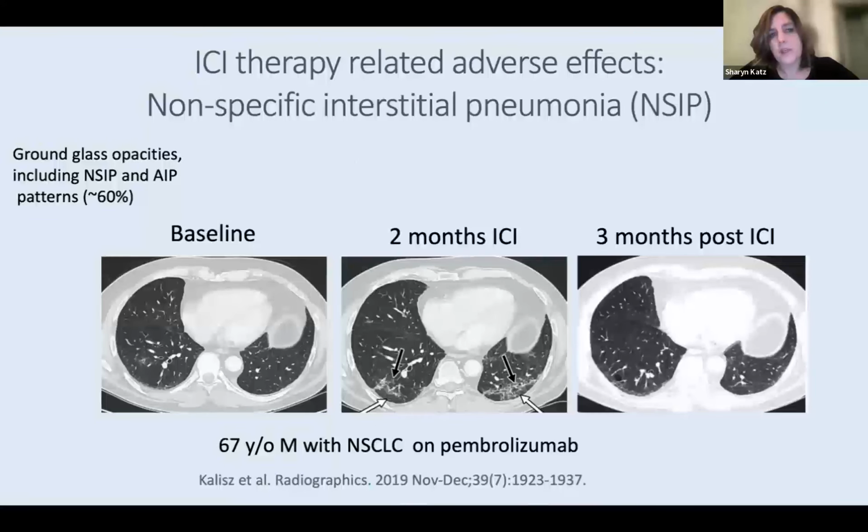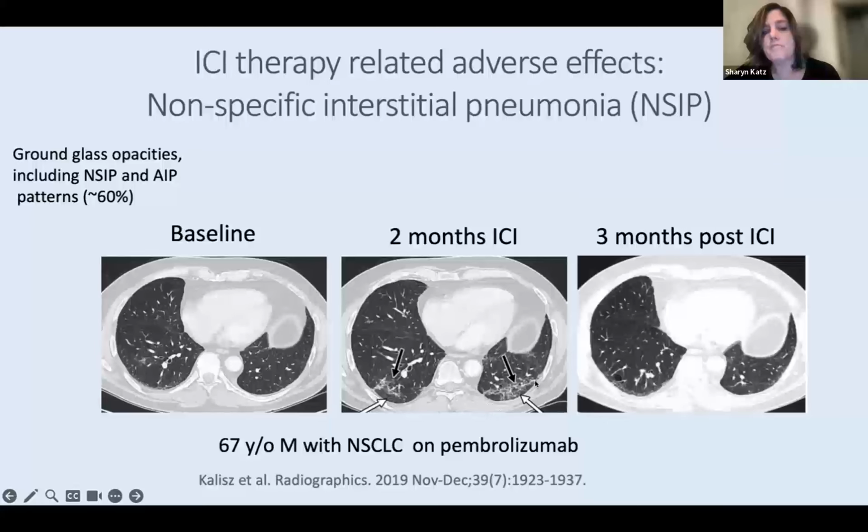I mentioned before non-specific interstitial pneumonia. This is a less common pattern, but does definitely manifest in this population. That's characterized by lower lung peripheral predominant ground glass. You can have a peribronchial distribution as well, but predominantly peripheral, and you can have interstitial thickening, as you see in this image 2 months after the start of ICI therapy.